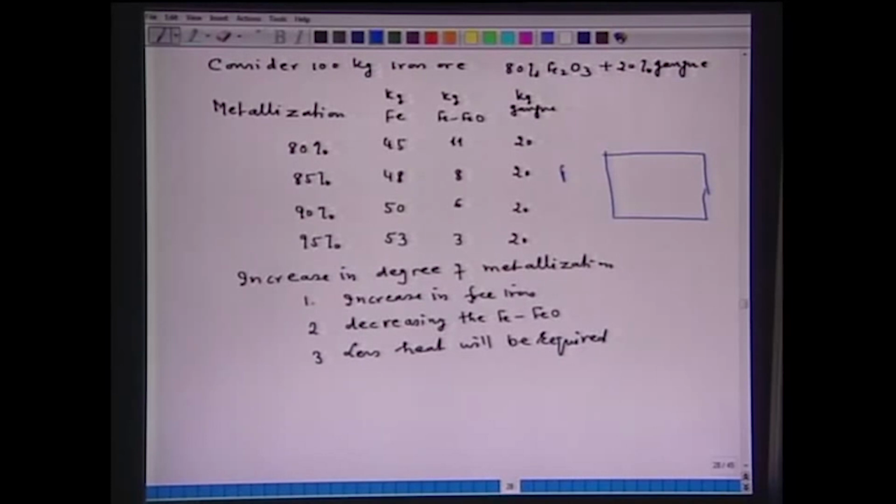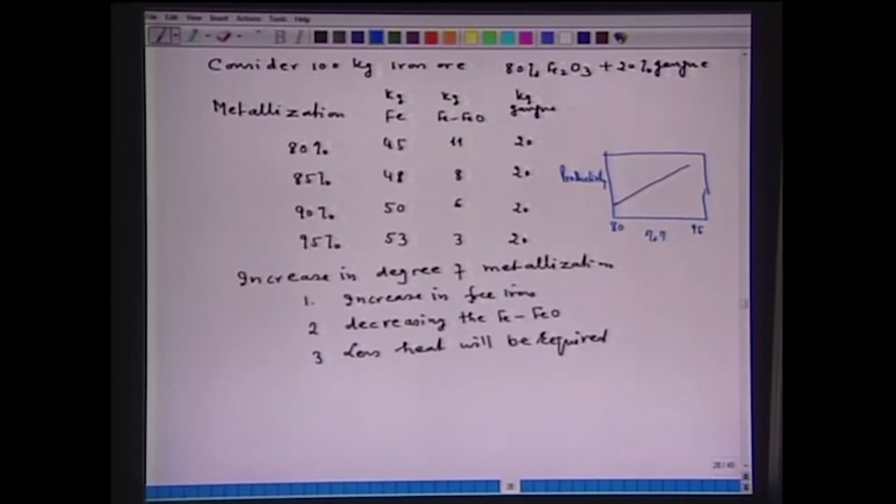So, if I want to illustrate schematically, if I take here productivity and plot it against percentage metallization, I go from 80% to somewhere around 95%, then productivity will increase as the degree of metallization increases from 80% to 95%.